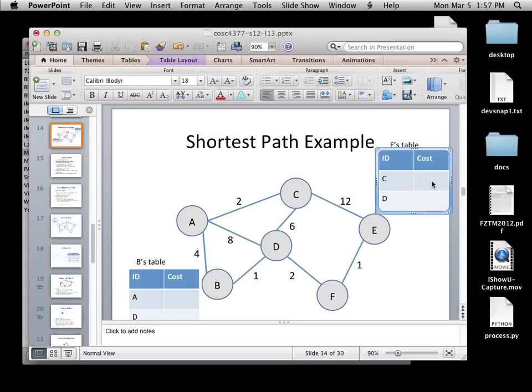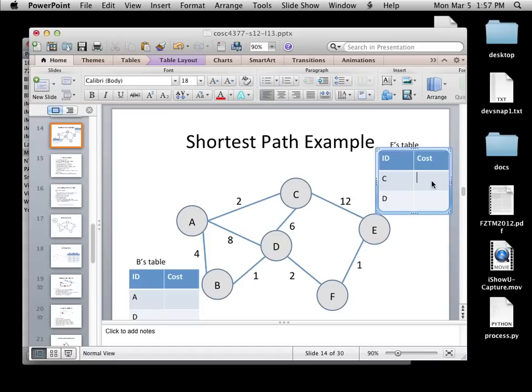What should be the cost for C? 12? 9? Is it 12 or 9? So let's say we ran a routing protocol algorithm that computes the best route to each destination. So what should be the cost?